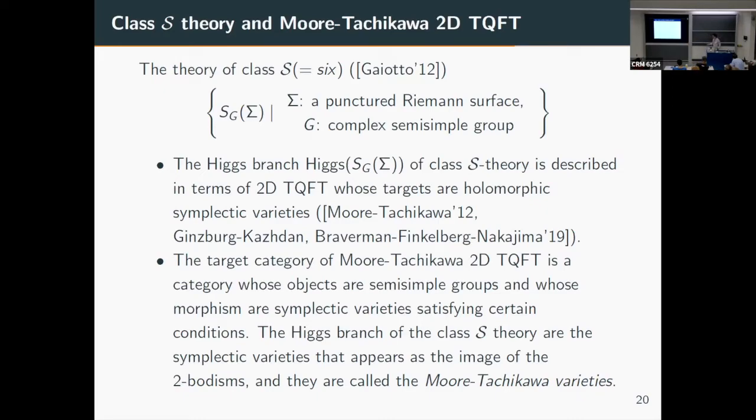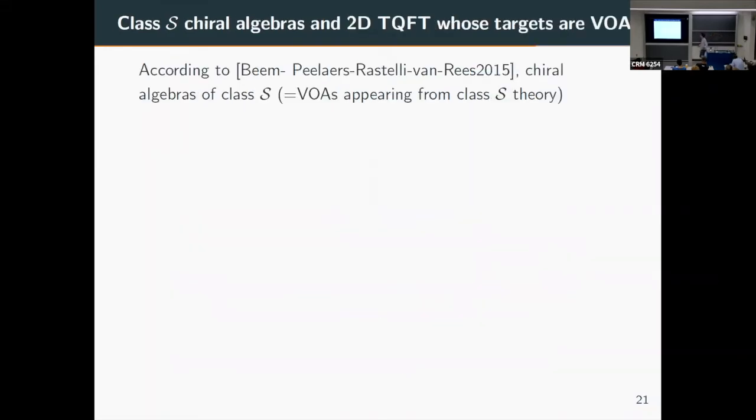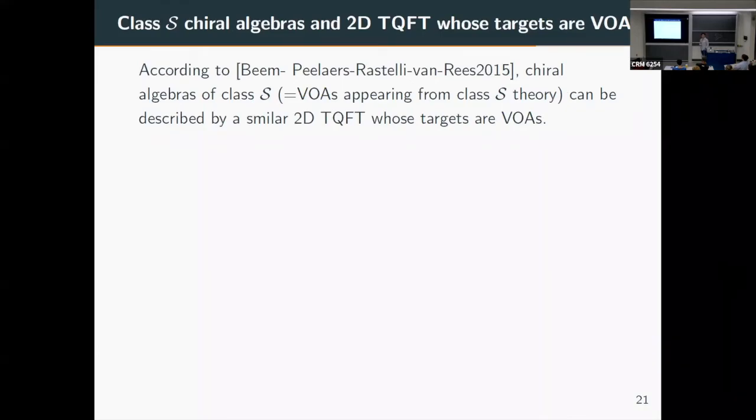And then how about vertex operator algebras? So according to Beem et al., the vertex operator algebra appearing from this class S theory has a fancy name, and they called it the chiral algebra of class S. And the chiral algebra of class S, according to them, has a similar description in terms of 2D TQFT, but you replace a symplectic variety by vertex operator algebras.